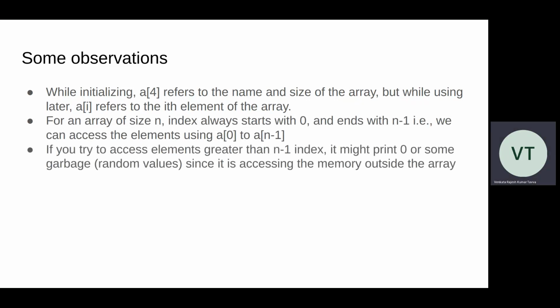If you try to access elements beyond index n minus 1, it might print 0 or some garbage or random value, since it is accessing memory outside the array. Like I said, the array is stored in RAM. In RAM, many other things are happening. Many cells will be there, and some data will be in each of these cells. Suppose my RAM size is 100 and I am declaring an array of size 50. If I try to access locations beyond 50, like 51, 52, and so on, some other program may already be using those cells and may have filled some values there.